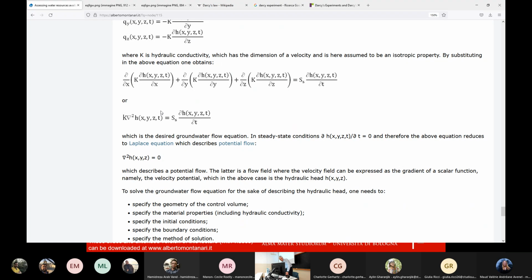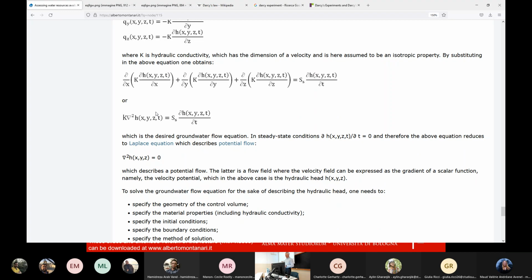nabla square, sorry. So K, let's assume that K is constant, so you can bring K out of the derivative, and then you get nabla square of H, which is equal to SS blah, blah, blah. And the blah, blah, blah is the right-hand side, okay?